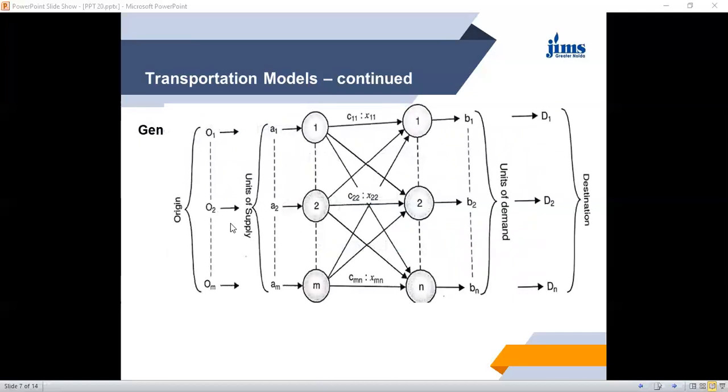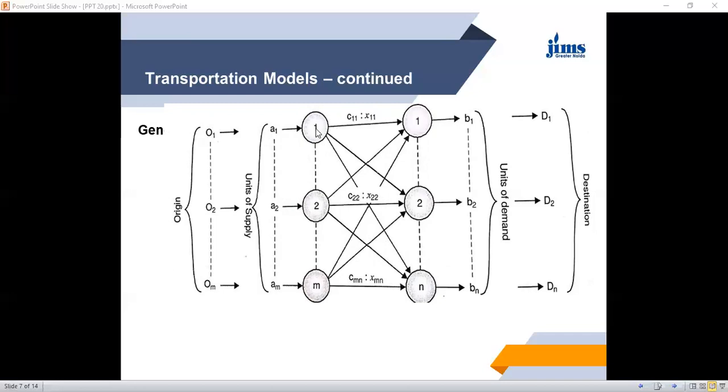So these are the origins, and these are the destinations D1, D2, D3. A1, B1, say A2, B2, likewise Am and Bn. So if you are supplying from origin 1 to destination 1, suppose the quantity is X11 and the cost is C11.